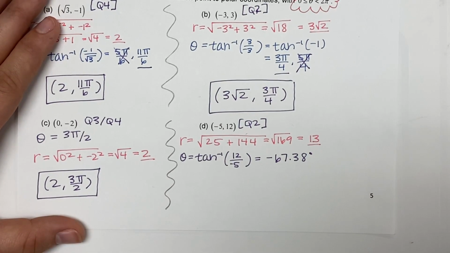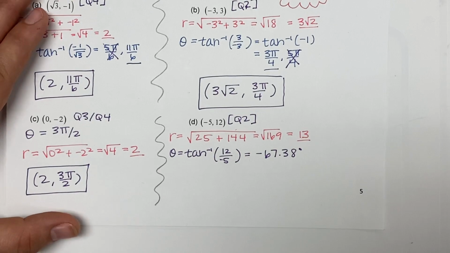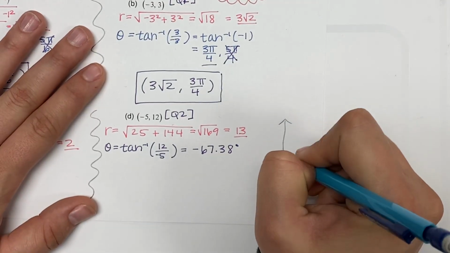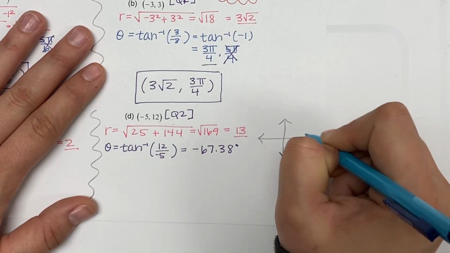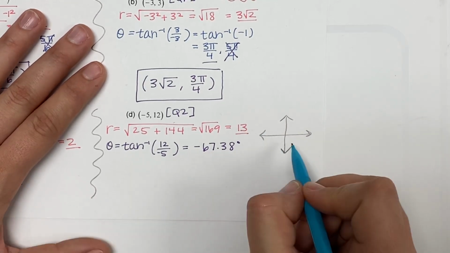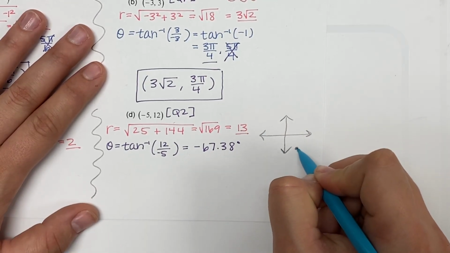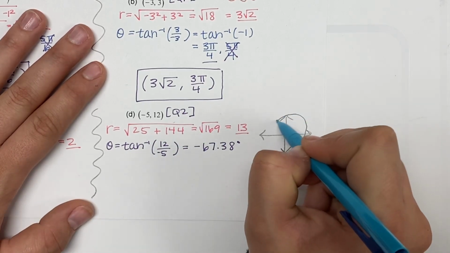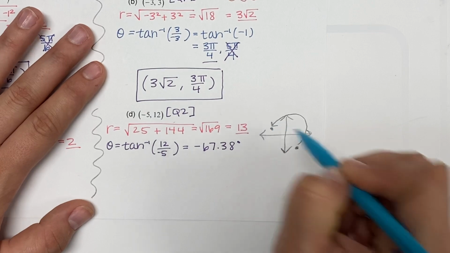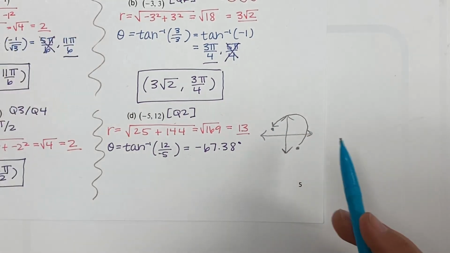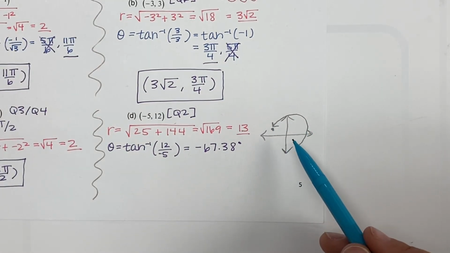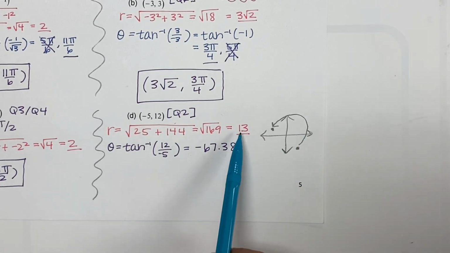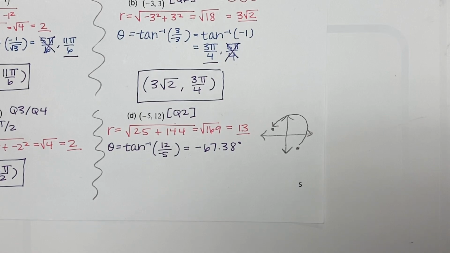Okay, but now we have to think about this. If I'm going to graph this, -67-ish degrees is like here, but I want to be in quadrant 2, so I need to reflect it across to over here. Well, what do we do to reflect across? You have two options. You can either make 13 negative to reflect it across.